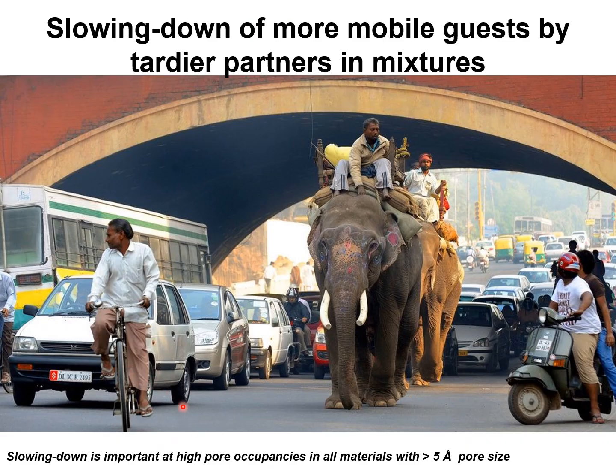The slowing down of the motor cars by the tardier elephants is entirely analogous to the slowing down of hydrogen by the most strongly adsorbed tardier CO2 within the intersecting channels of MFI zeolite.